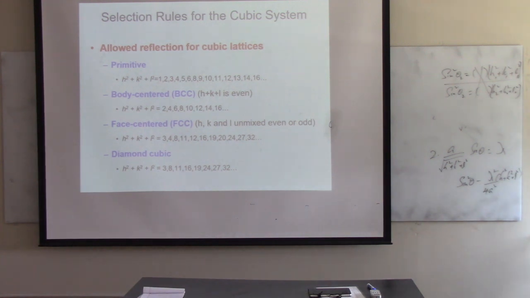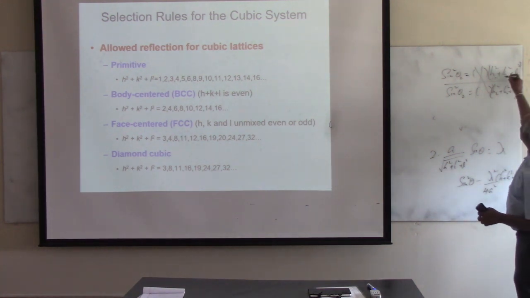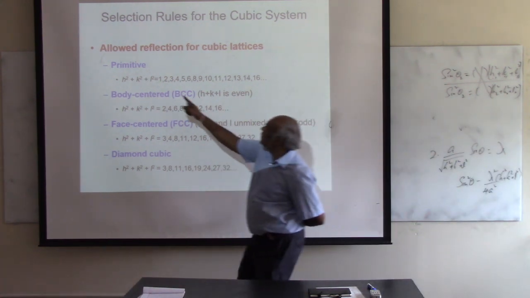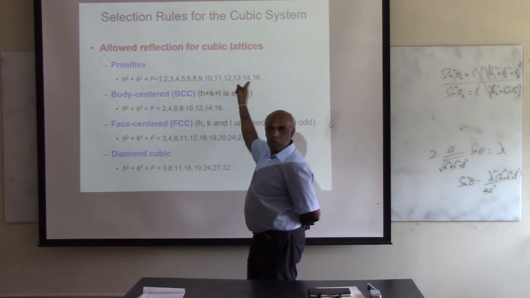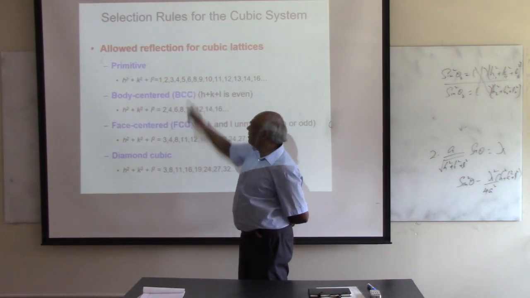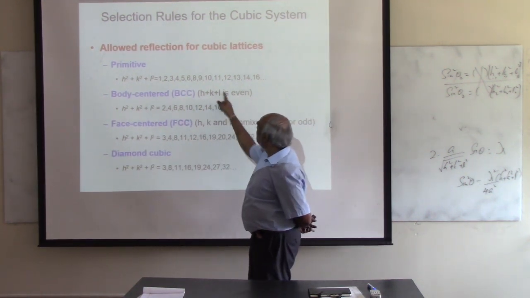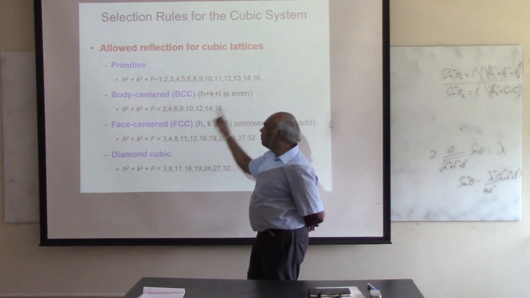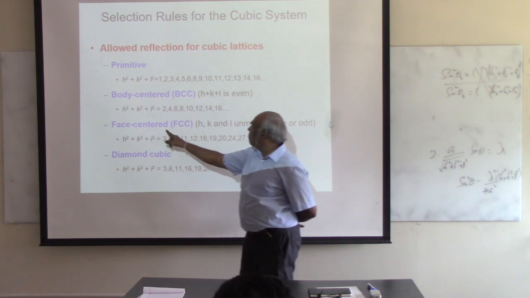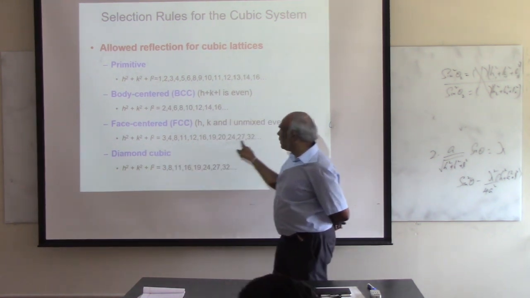Because what we need is this h squared plus k squared plus l squared, right? If you take primitive ones, this sum can be anything, except you cannot have 7. If it's body centered, the sum should be even, so you can only get these numbers. If you have face centered, these numbers are this one.